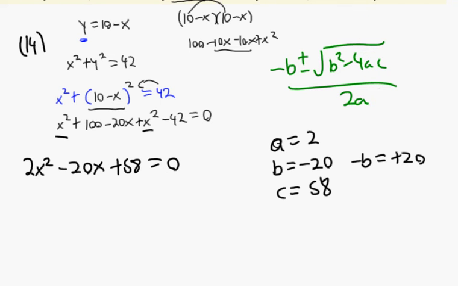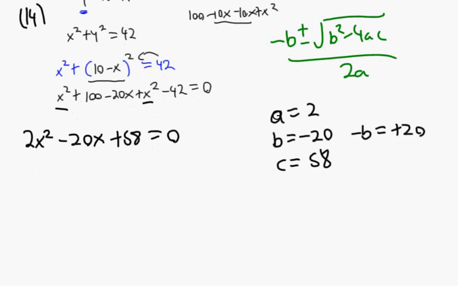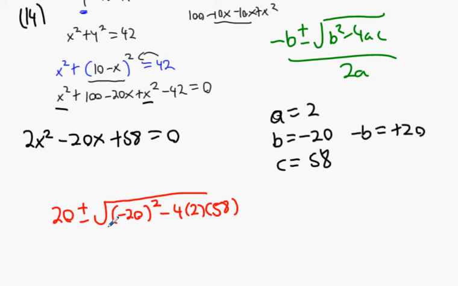Now, you can do this two ways. First way is minus b, which is 20, plus or minus the square root of minus 20 squared minus 4 times a, which is 2, times c, which is 58, all over 2 times 2.